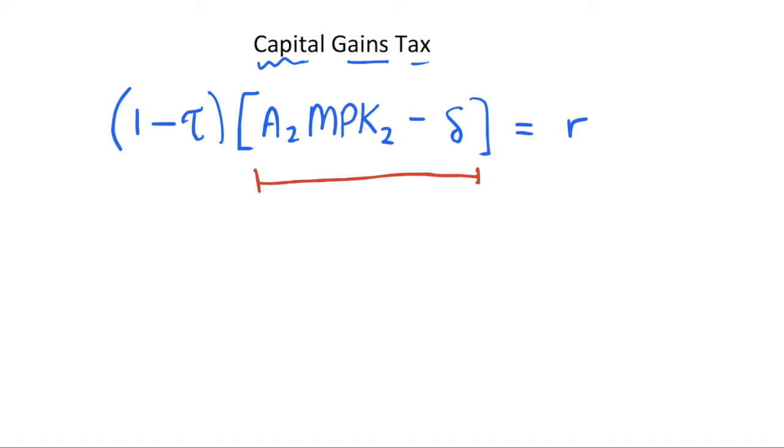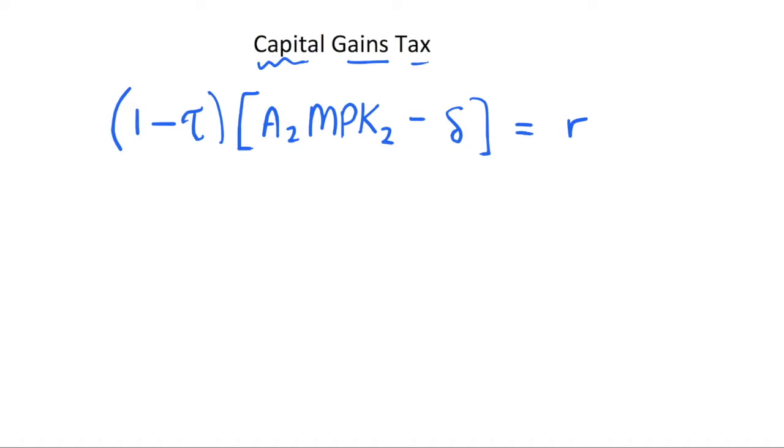If we increase productivity, we're obviously going to increase our marginal product of capital. And we also take away the depreciation here, because we are going to say that our depreciation is tax deductible. So we can take away depreciation before we are taxed. So that is included in this term, and it offers us a tax deduction. So the more depreciation we have, the less we have to pay in tax.